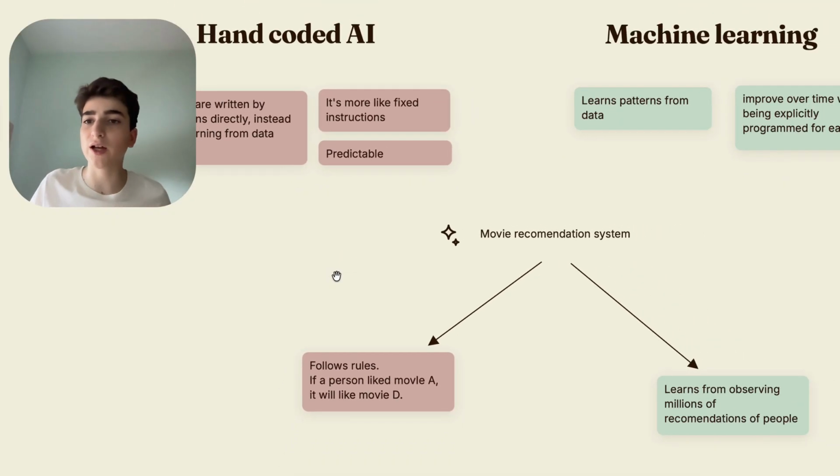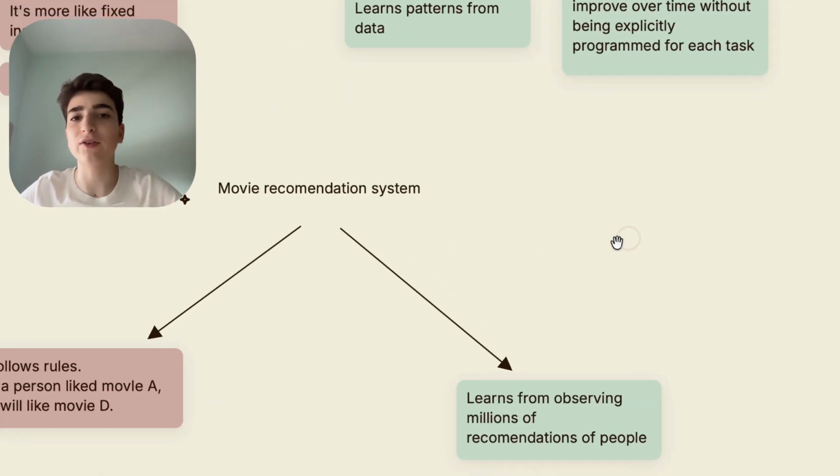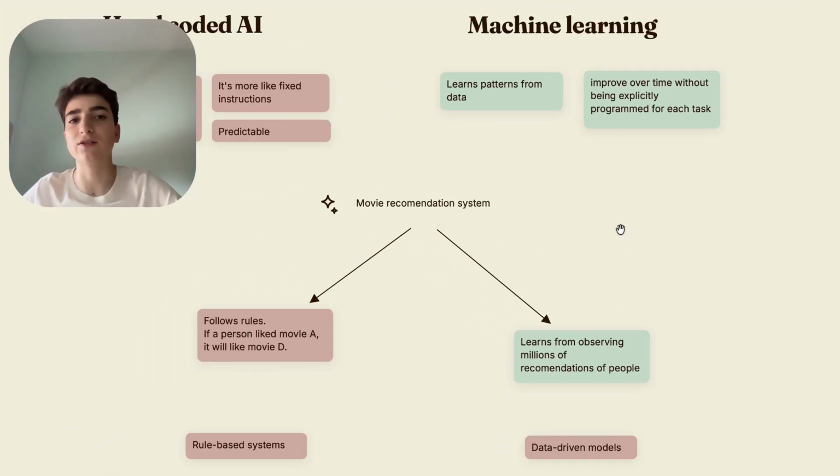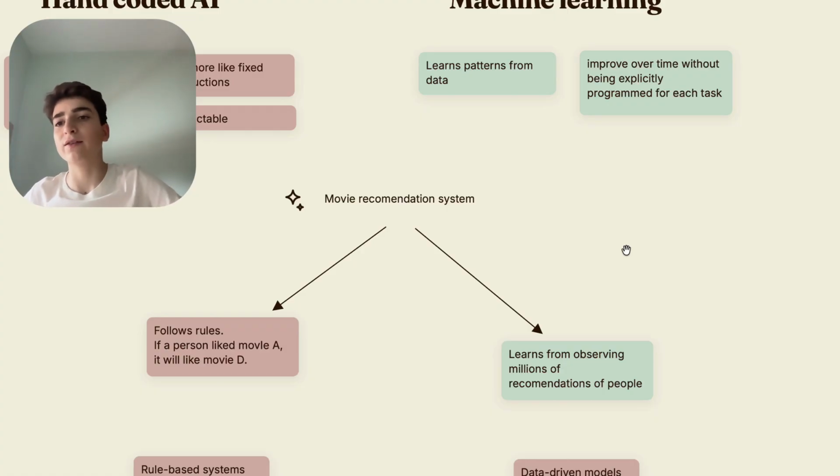So if a person likes movie A, they will like movie D, because that was a rule, and it will answer this. But then we have machine learning, which learns from patterns in data. So if you ask it for a movie recommendation, it learns from observing the millions of people in the data it has been trained on.